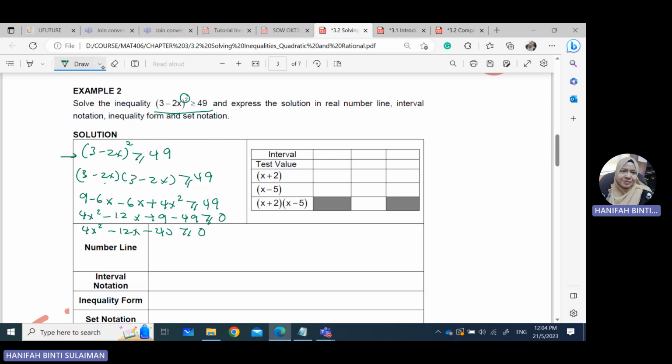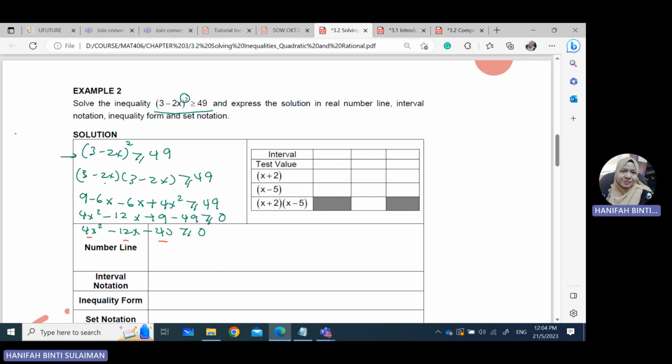So kalau kita tengok dekat sini kita ada 4x squared, 12x and 40. So this one we can simplify by dividing all the terms by 4. Sebab semua boleh faktorkan 4 kan? 4 kali 1, 4 kali 3, 12, 4 kali 10, 40. So mana kita boleh divide dengan 4. Okay, so divide all the terms by 4.